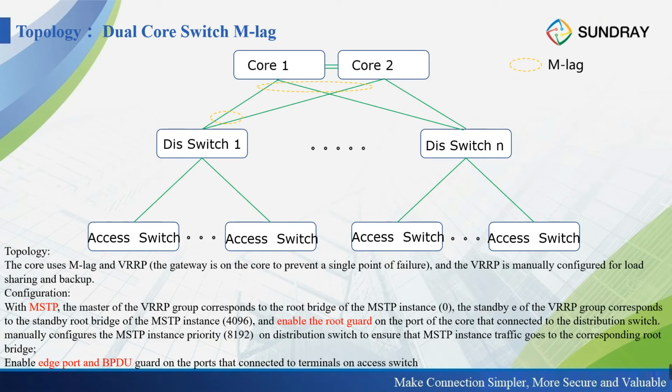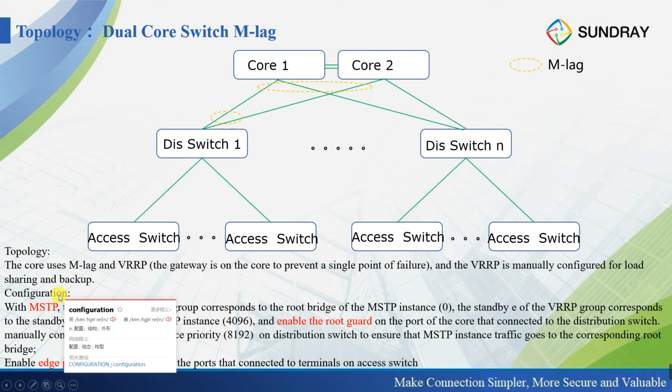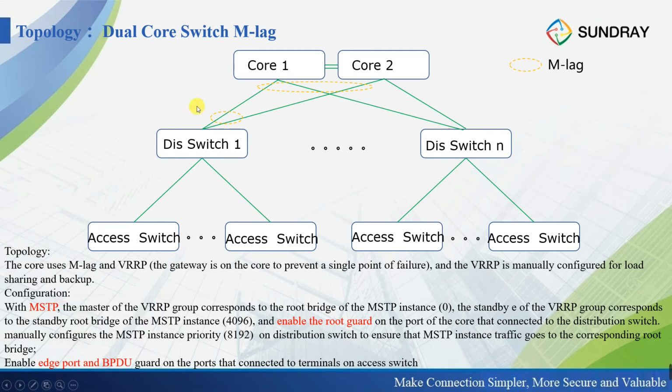And then there is the MLAG. For the MLAG, we recommend using MSTP, because MLAG is usually used with VRRP. The master of the VRRP group corresponds to the root bridge of STP instance 0, and the other one is the root bridge of MSTP instance 2, another instance.